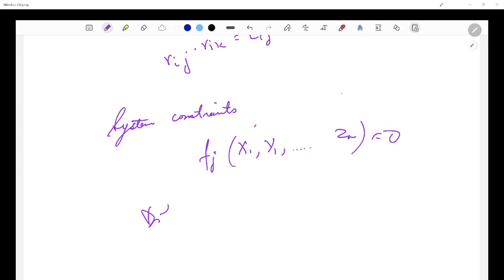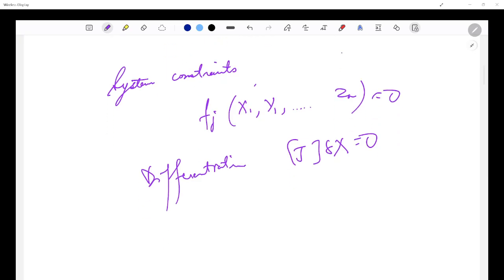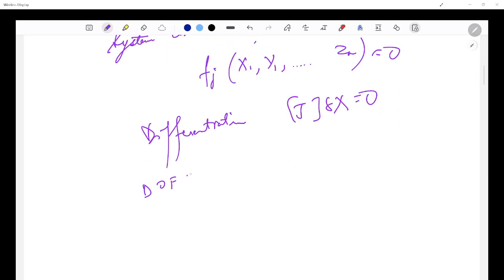If we differentiate it, it would be Jacobian into delta x is equal to 0. Okay. And an important point here is the degree of freedom is the dimension of the null space of J.